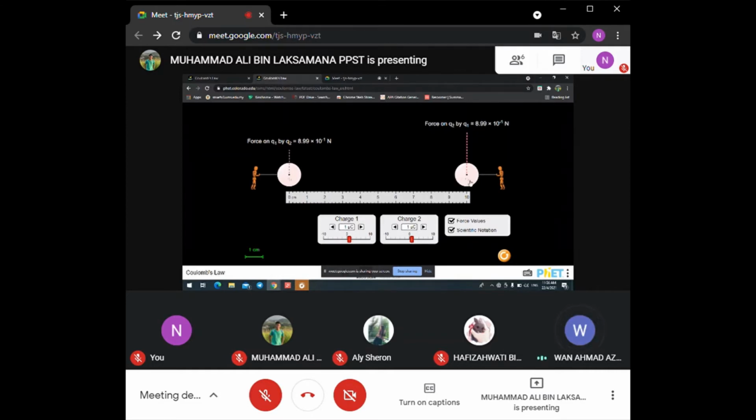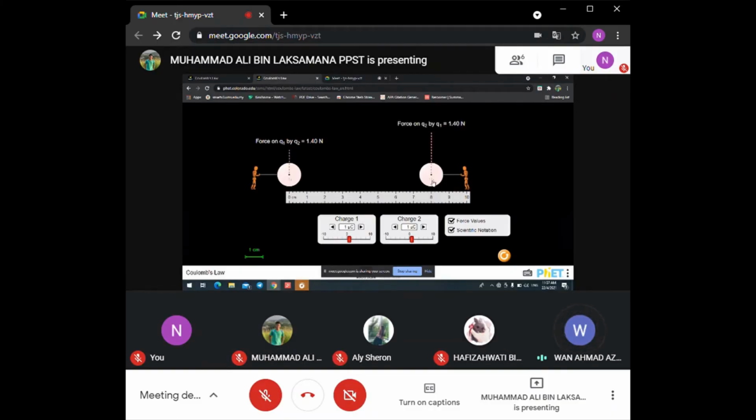The force value that we acquired when the separation between charge 2 and charge 1 is 10 centimeter is 8.99 × 10^-1 newton. Next, when the separation is 8 centimeter, the force will be 1.4 newton.